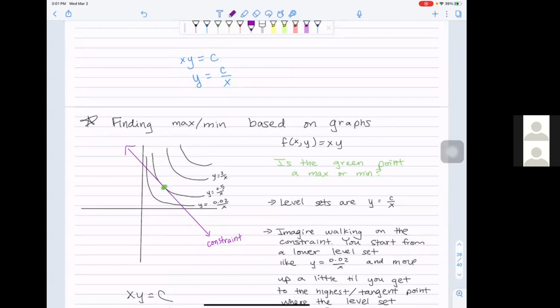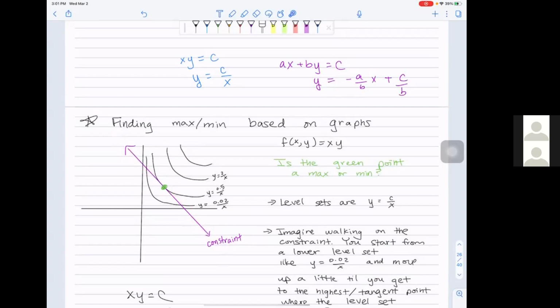And then your constraint they told you is ax plus by equals c. I also don't know what that looks like, so let's solve for y. It's going to be negative a over b x plus c over b, something like that. And so it's a line that has a negative slope. So it looks like this.